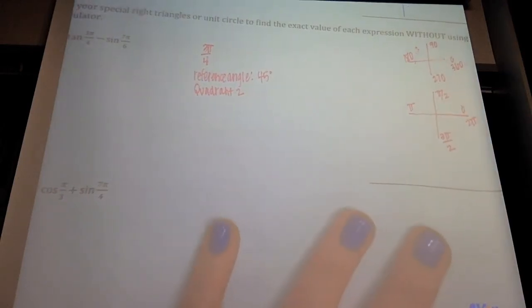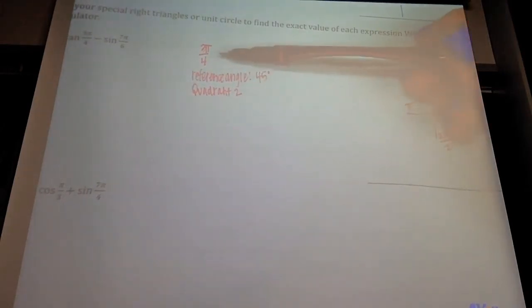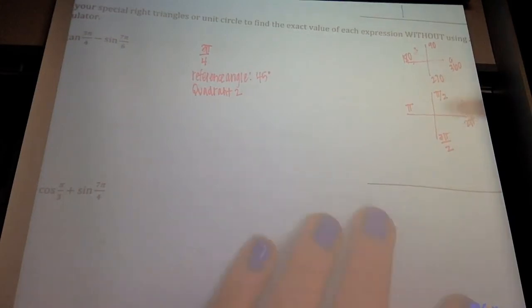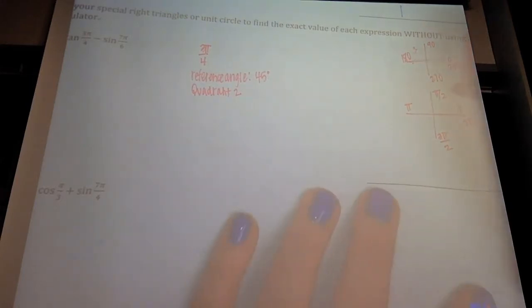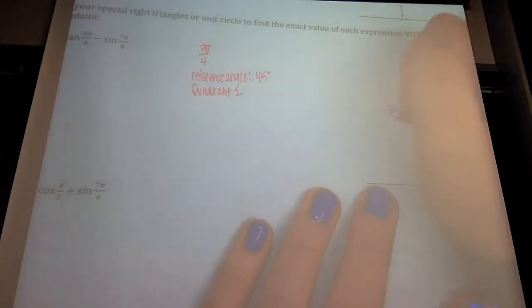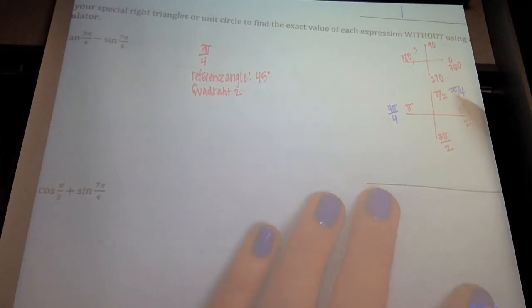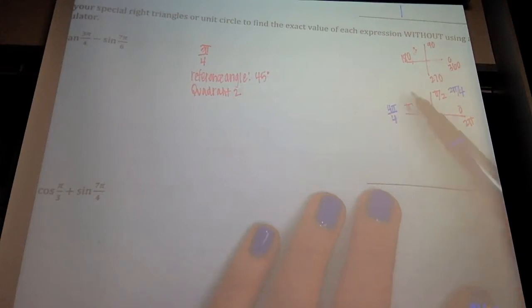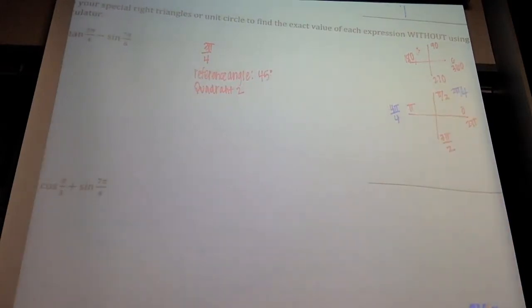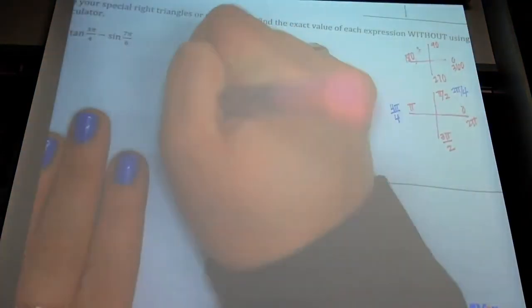And what you could do for all of these, because we're looking at pi over 4, you could get these all into over 4 and then compare where it would be. So this would be 2 pi over 4. This would be 4 pi over 4. And so hopefully you recognize, okay, 3 pi over 4 is in between 2 pi over 4 and 4 pi over 4. So it's in quadrant 2. And in quadrant 2, tangent is negative.